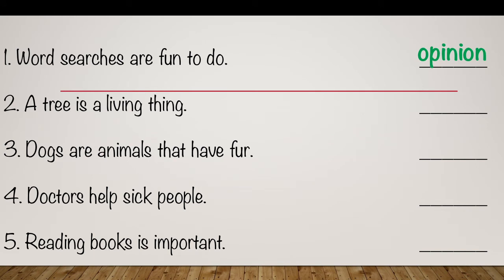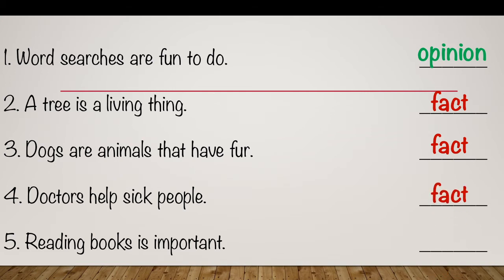A tree is a living thing. Fact or opinion? It's a fact. A tree is a living thing like all the plants are. Dogs are animals that have fur. It's a fact because dogs are mammals and mammals have fur. Doctors help sick people.